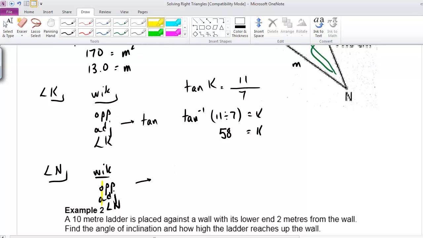So here's our OA. The tangent of an angle, in this case angle N, is equal to the side opposite, which is 7, over the adjacent, 11. And in order to figure out our angle, we're going to press that button on our calculator, and our calculator is going to spit out 32 degrees, as expected.